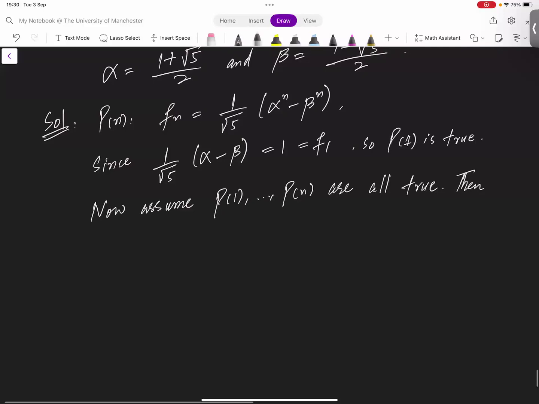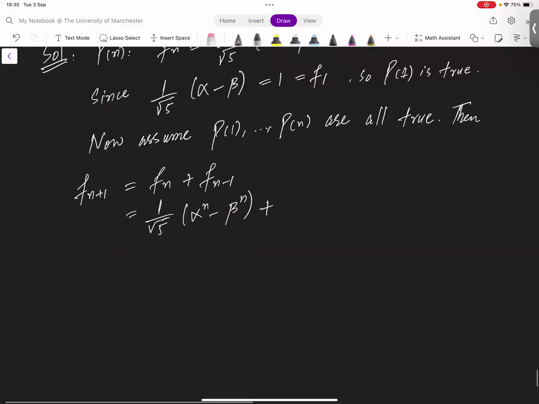Then we have f of n plus 1. Fn plus 1 is fn plus fn minus 1. That is 1 over under root 5 alpha power n minus beta power n, plus 1 over under root 5 alpha power n minus 1 minus beta power n minus 1.